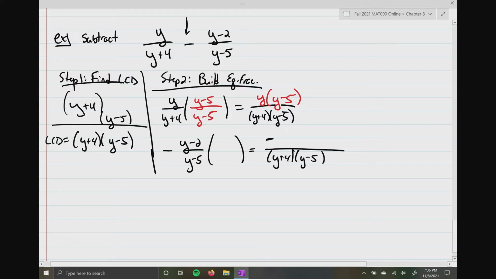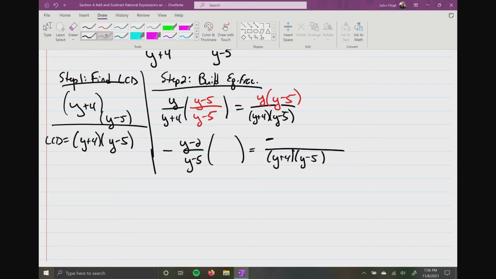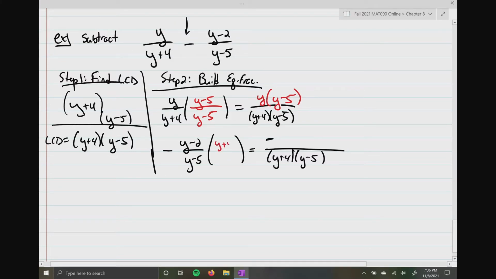So I'm going to multiply by y plus 4 over y plus 4. Therefore, in my numerator, I have this negative out front, and I'm going to put y minus 2 and y plus 4. Okay?